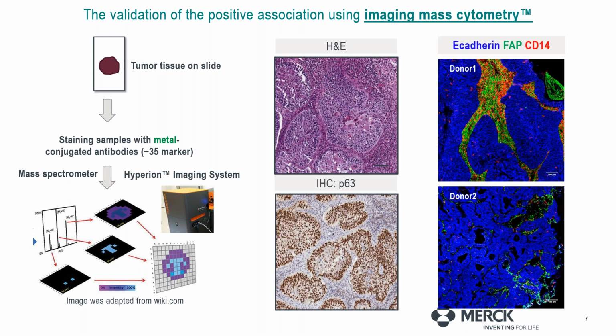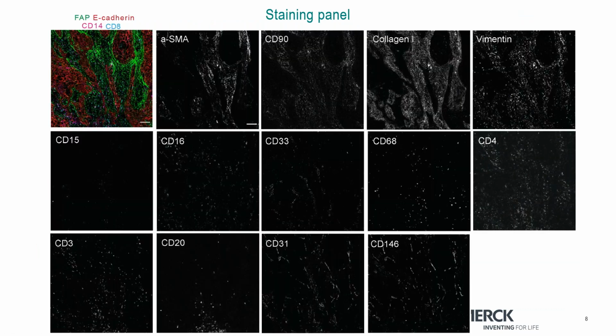We first did H&E and P63 staining to confirm the samples we use here are lung squamous cell carcinoma. Then we stained the samples with 17 IMC antibodies, including markers for fibroblasts such as FAP, alpha-SMA, CD19, and collagen, as well as several immune cell markers as shown here.